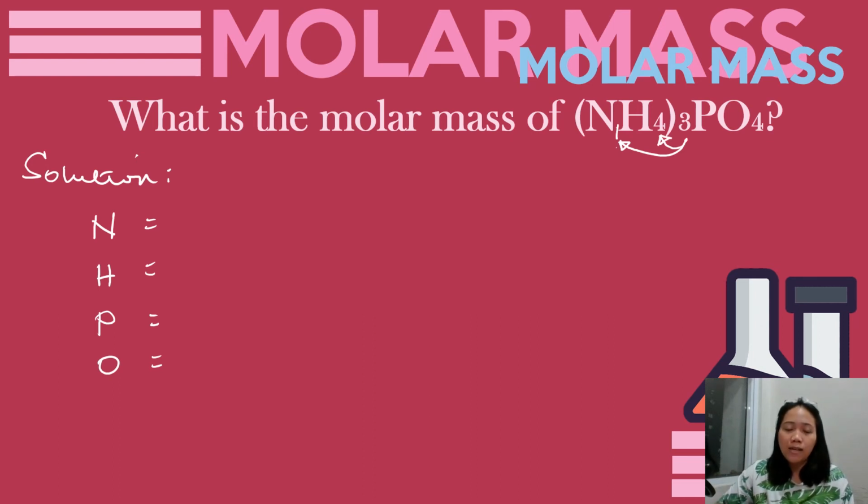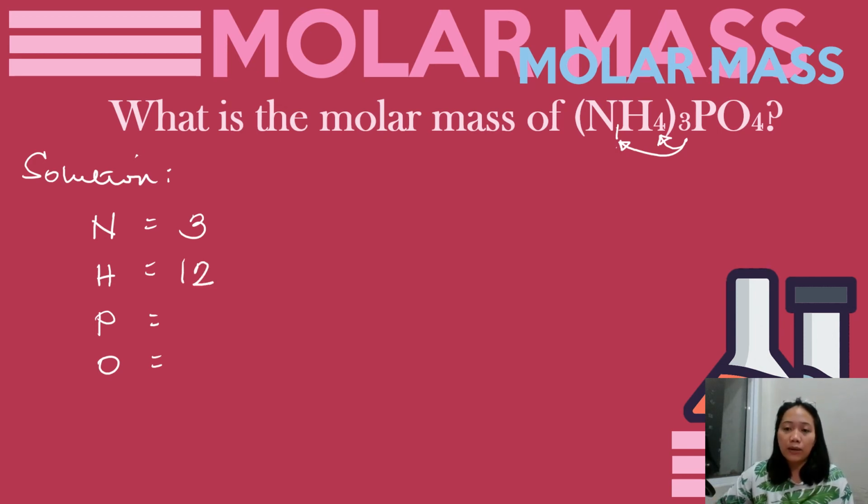So, you have N1 times 3, that would be 3. That means you have 3 atoms of your nitrogen. Next step is, of course, to identify hydrogen. Since you have 4 here and there's a distributive number of 3, you need to multiply it. So, 4 times 3, you will now have 12.